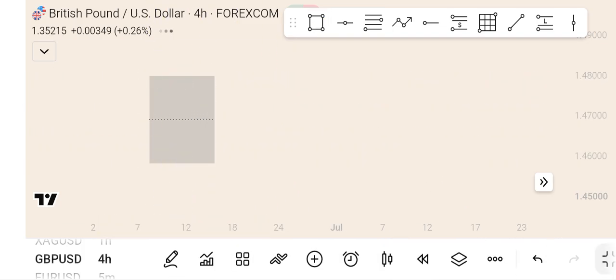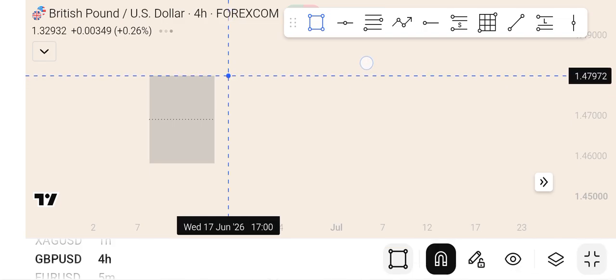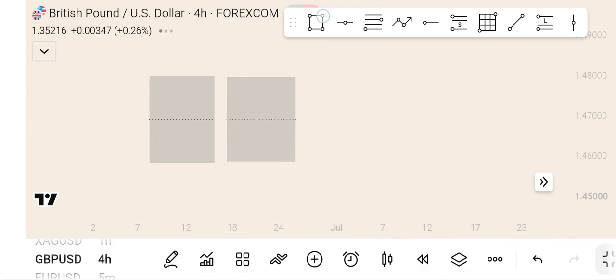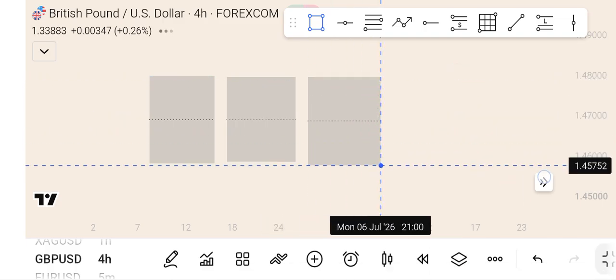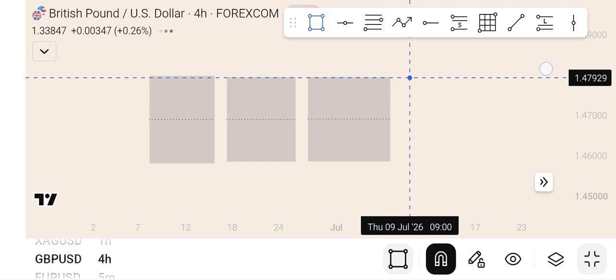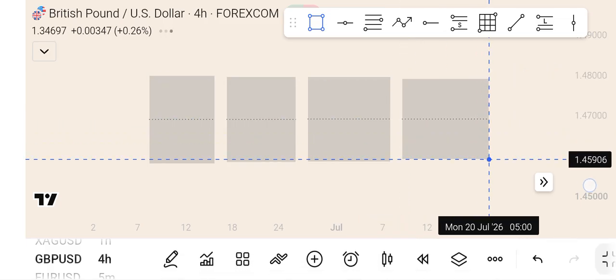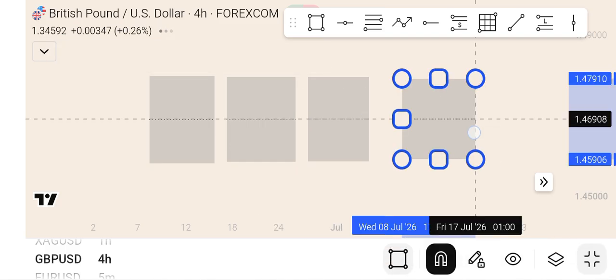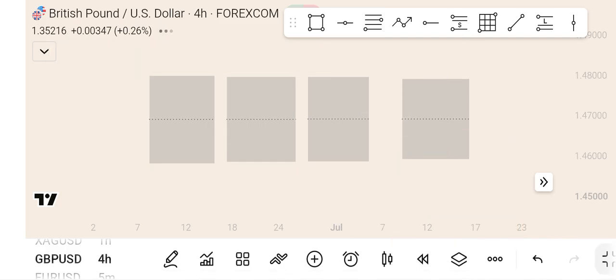Okay, we have four different quarters in the market: one, two, three, four. Alright, I think this should be good. They're all equal, that should be kind of equal for me.